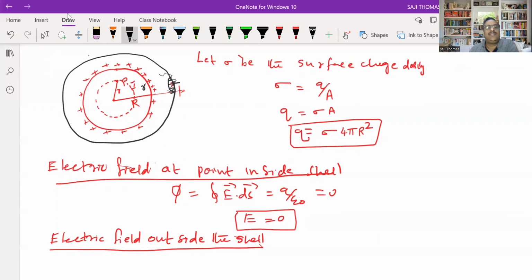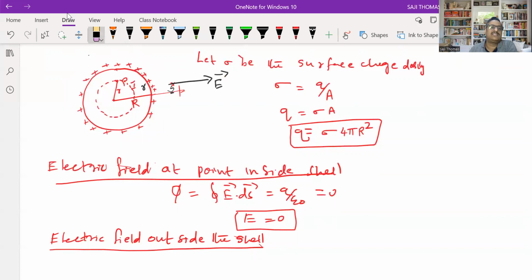You know, charge is positive, so electric field is directed outward, away. For this small area, take area as ds. ds is the small elementary area. ds direction is also outward.